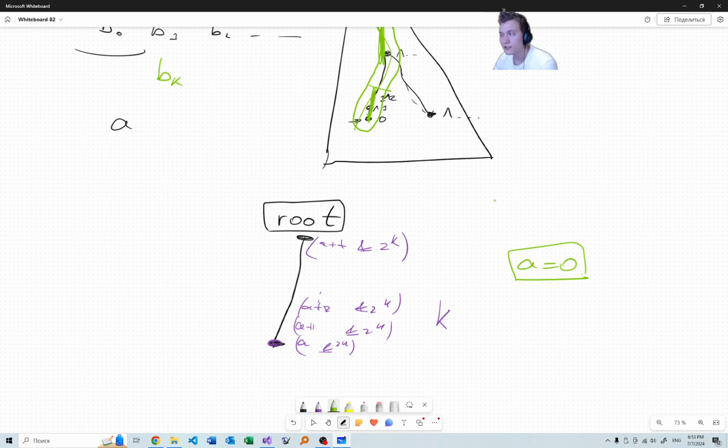If we can do it when a equals 0, then it's kind of easy. If this bit is 1, okay, let's assume that this bit is 1.